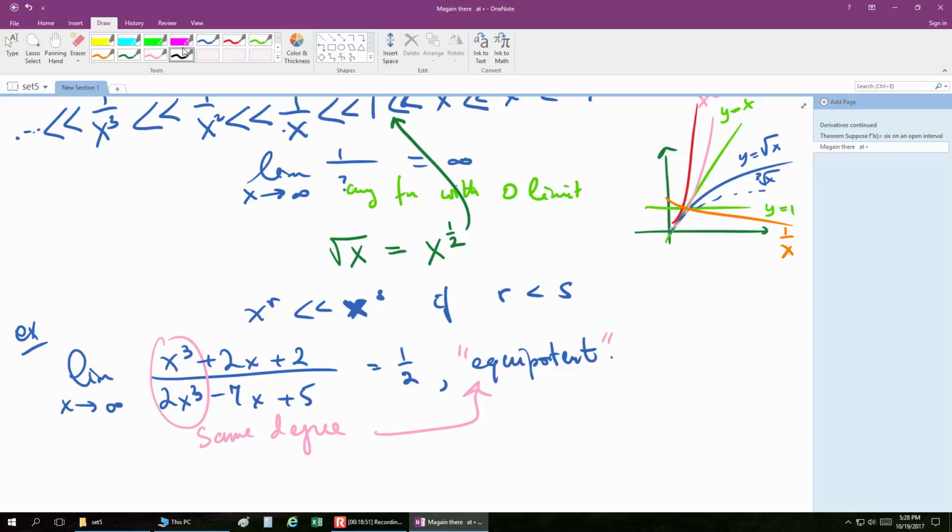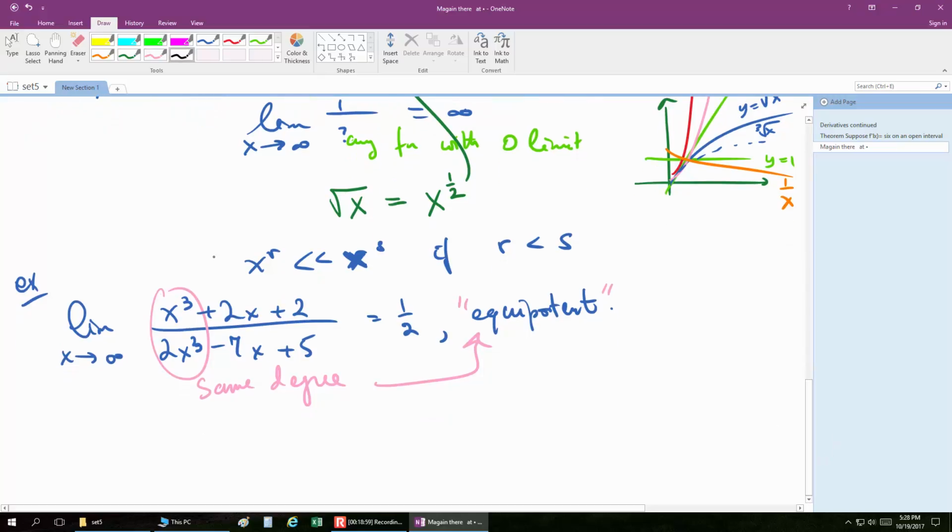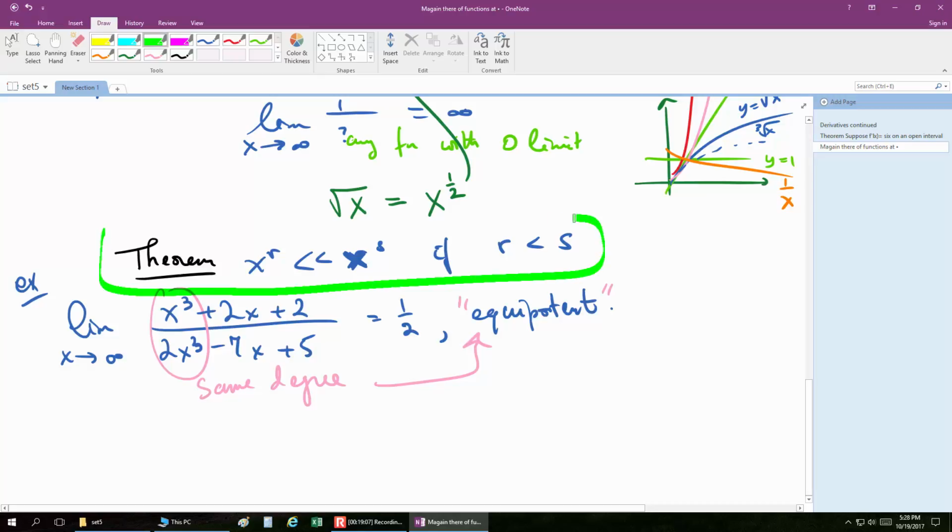But that's not it. There are more functions than that. But first, this is also important. It's the only thing that we also know for a fact, a theorem. When we look at powers, we compare them simply by their powers.